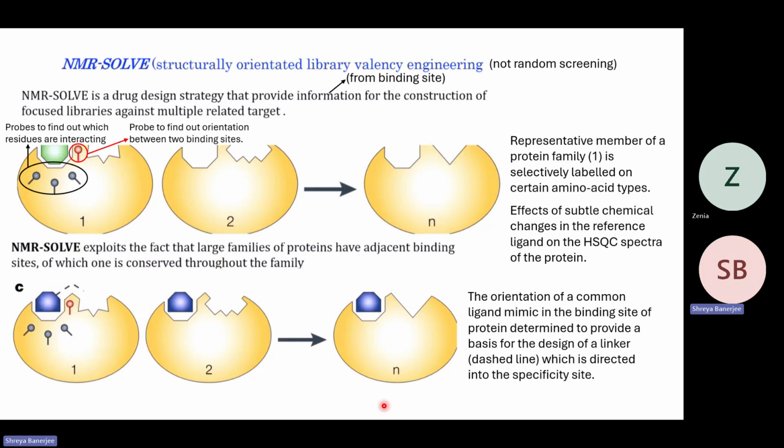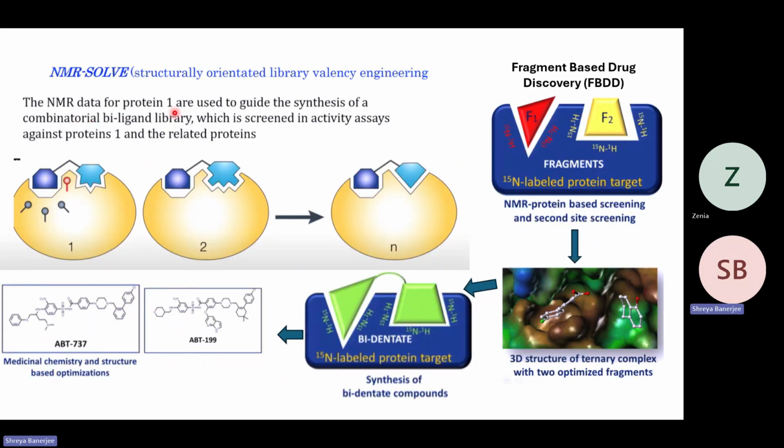NMR SOLVE is a method of SAR by NMR where, instead of blindly designing the ligand, the orientation is found using a probe so that the ligand can be more accurately designed, and it is done for the entire family of proteins. So the NMR data of protein 1 is used to guide the synthesis of a combinatorial bi-ligand library, which is screened in activity assays against protein 1 and related proteins.